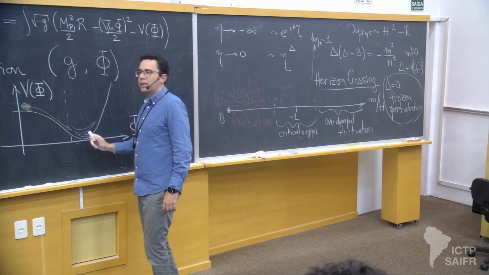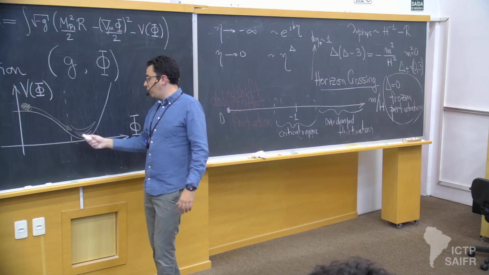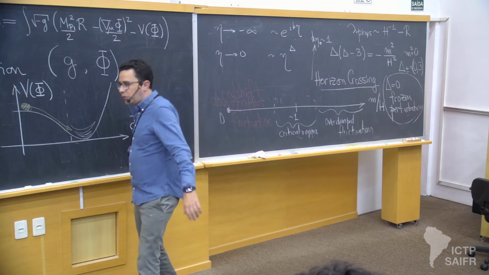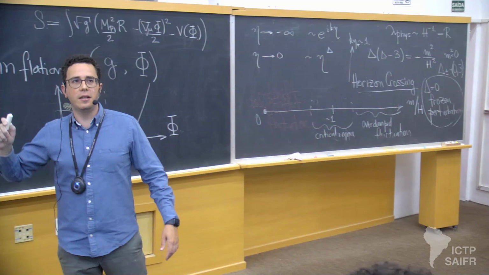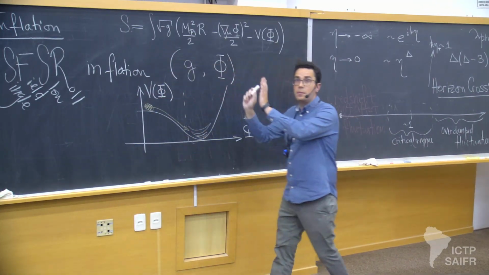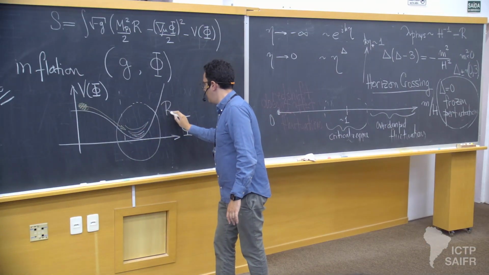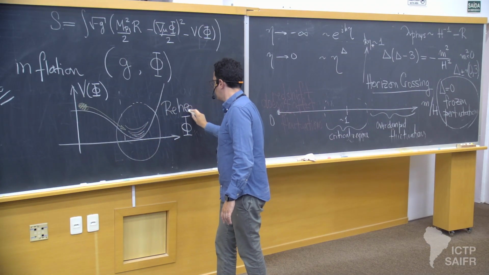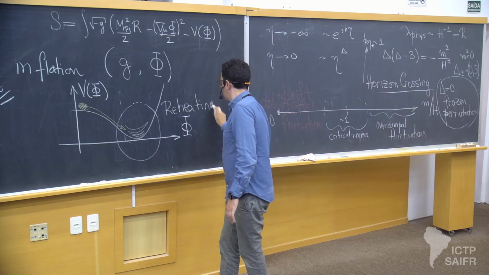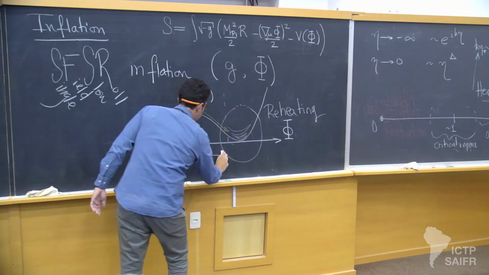So now the metric is very much close to almost flat, and then you fill the universe with radiation because this field phi pumps all of its energy into the standard model. You heat up the universe, and then the standard Big Bang goes. Okay? So this is called reheating. And then inflation ends somewhere here. So this is inflation.